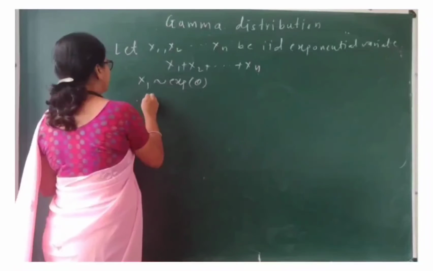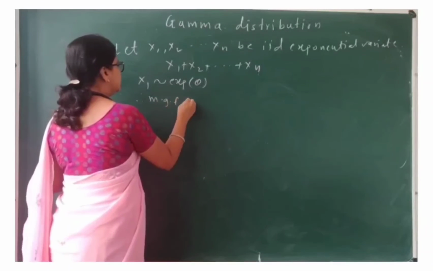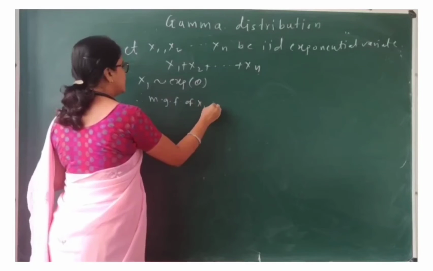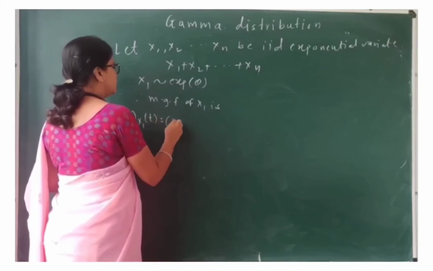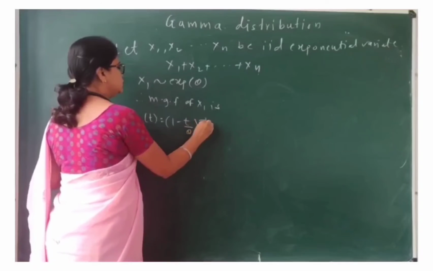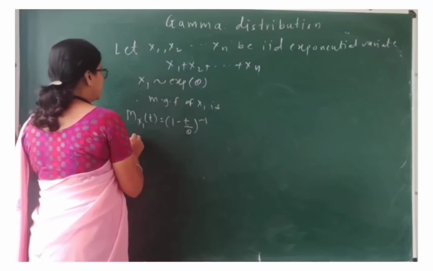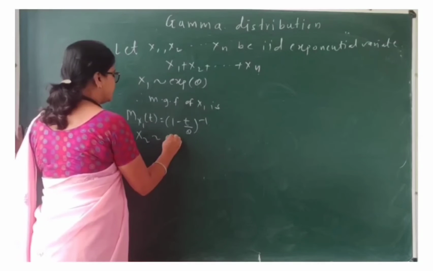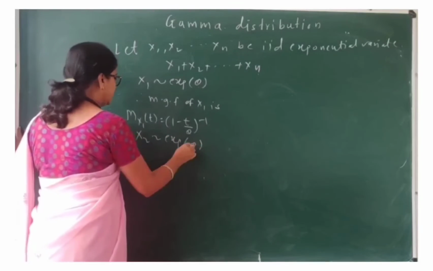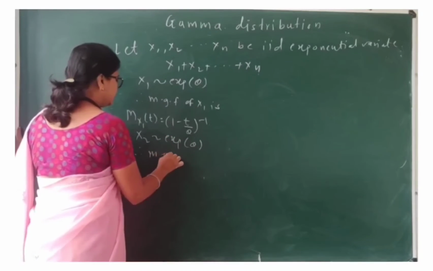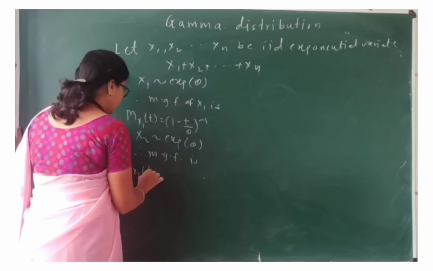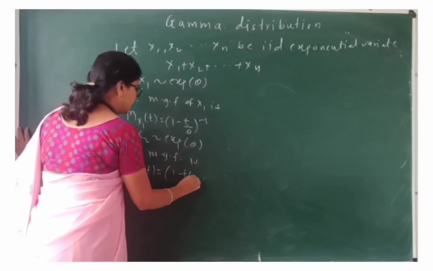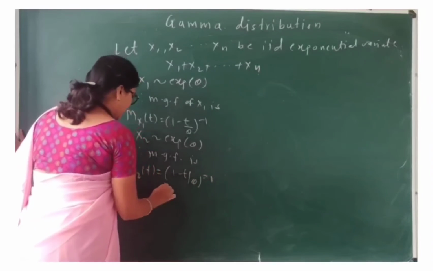Therefore the MGF of X1, M_X1(t), is equal to 1 minus t by theta raised to minus 1. Similarly, since X2 follows exponential with the same parameter theta, its MGF M_X2(t) is 1 minus t by theta raised to minus 1, and so on.